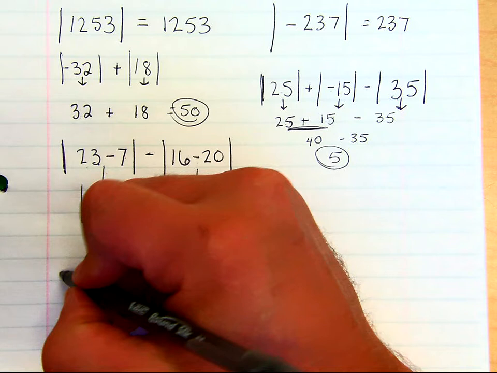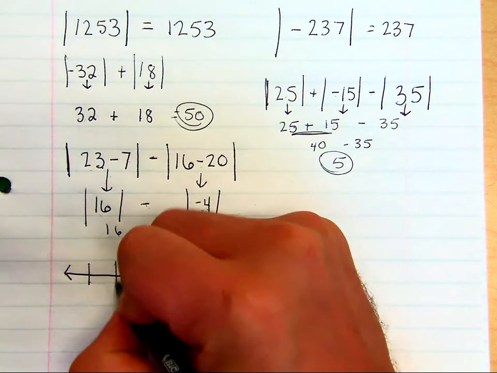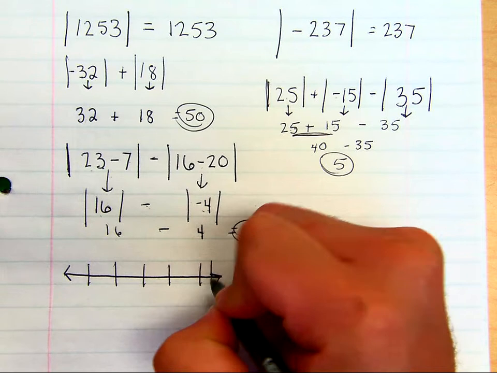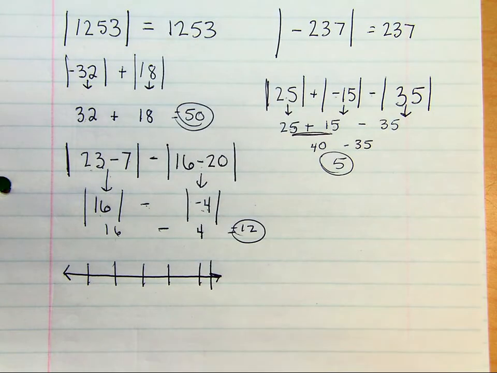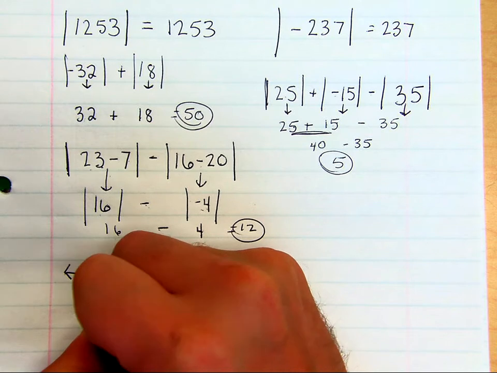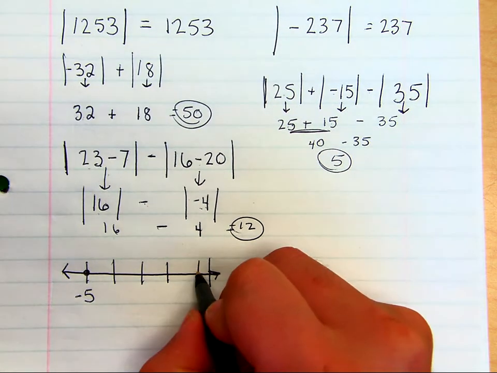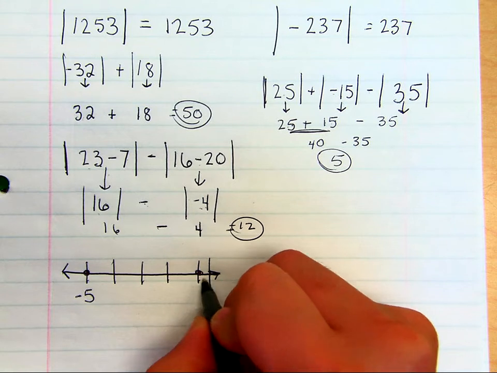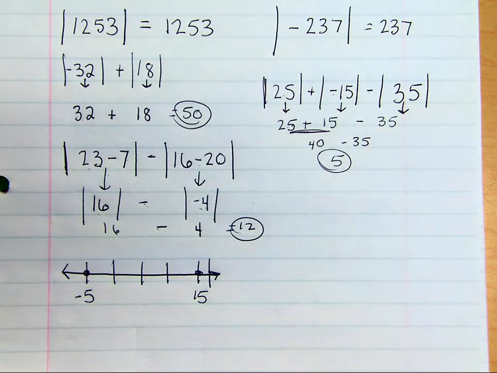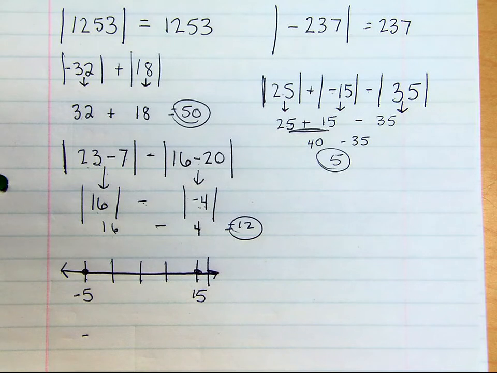So if I have a number line here, and let's say I had a negative 5 and positive 15. If I want to know the distance between the two, one's negative and one's positive, I can take their absolute value because I have to pass 0, right?